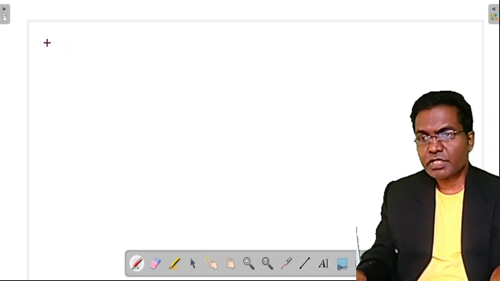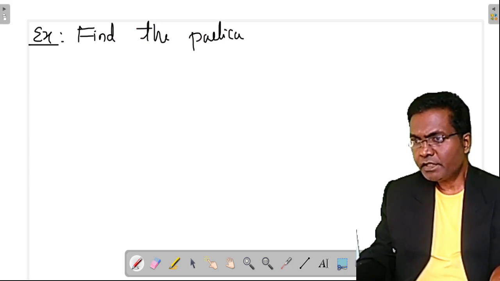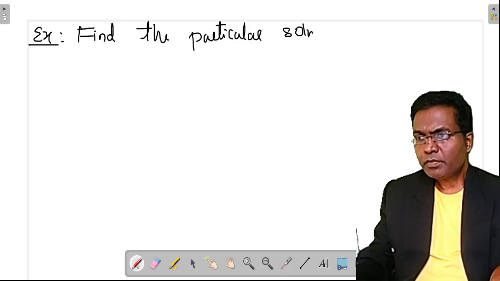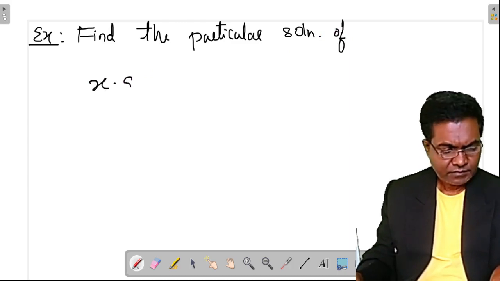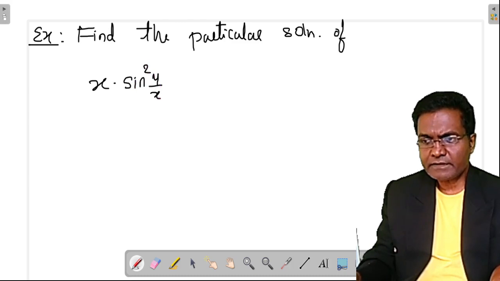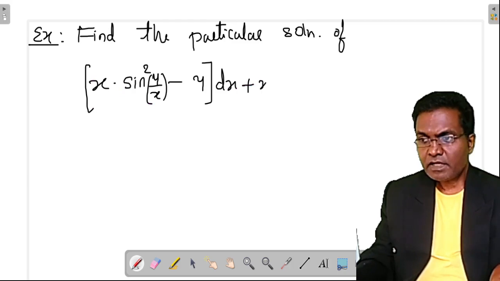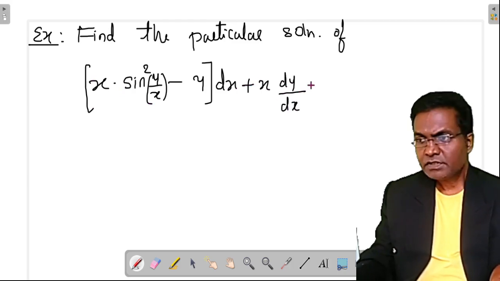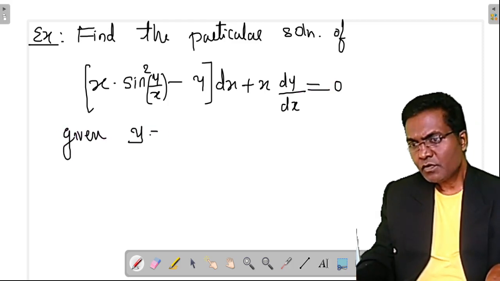Find the particular solution of the differential equation x into sine square y by x minus y into dx plus x dy equals to 0, given y equal to pi by 4 when x is 1.